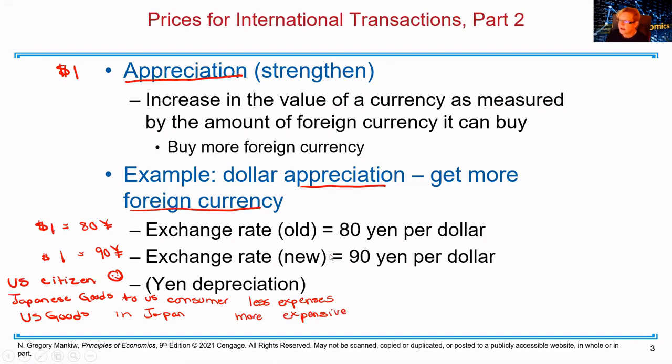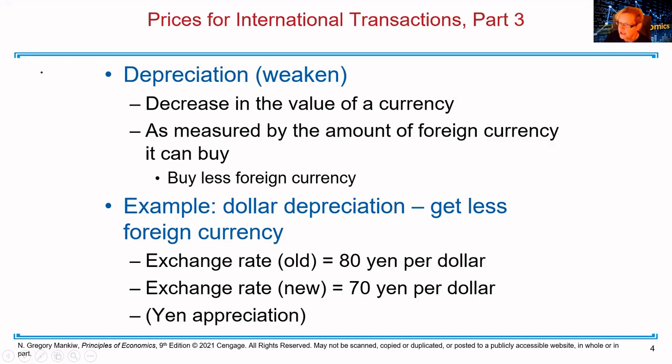Let's talk about the opposite effect, depreciation. Again, we're looking at this from the stance of $1, and how much foreign currency we can trade for it. We start here with $1 equals 80 yen. The US dollar depreciates and $1 only gets us 70 yen. So think about for a minute who is happy and who's sad. We wouldn't want to go to Japan, because it's more expensive to do so.